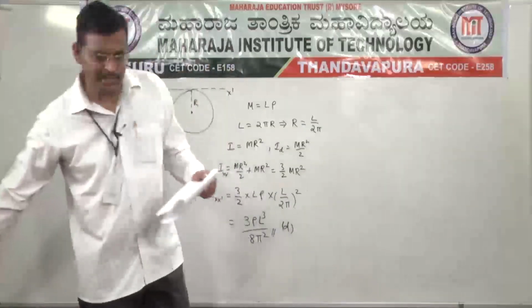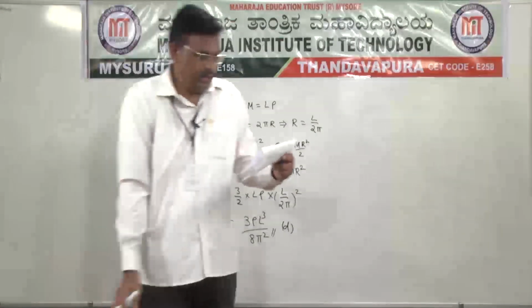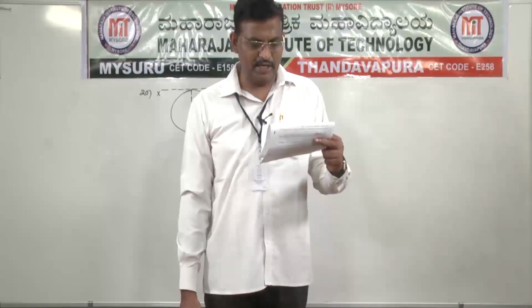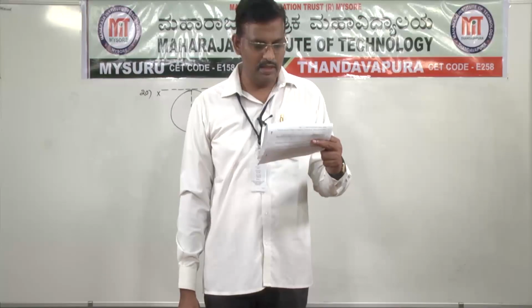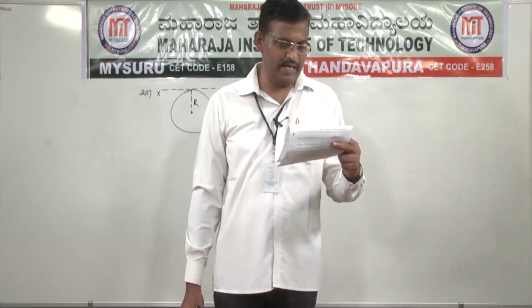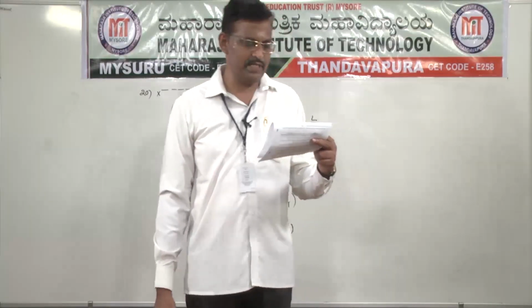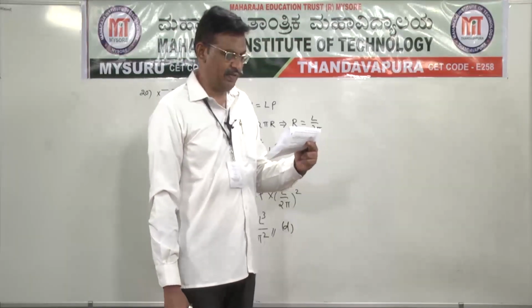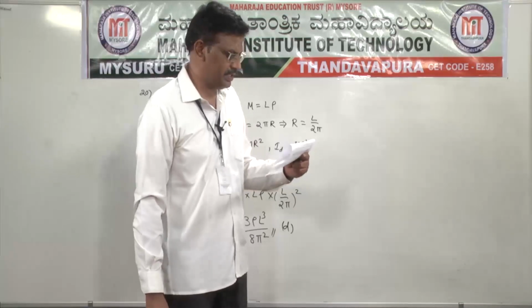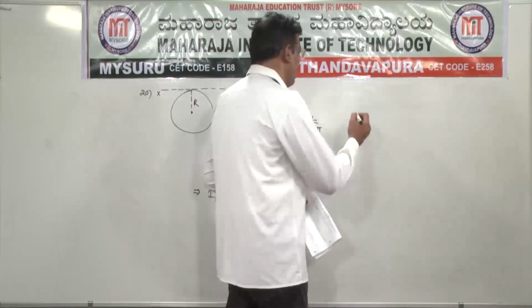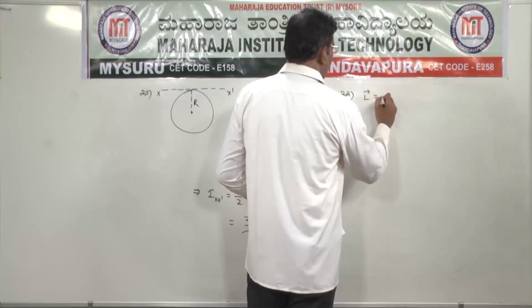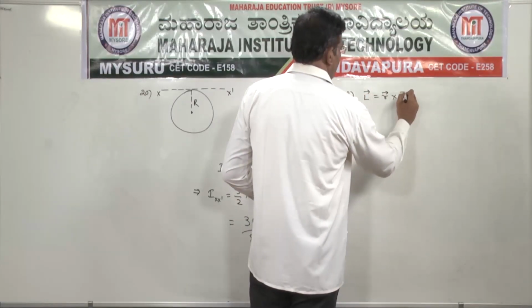And next, question number 22. The z component of the angular momentum of a particle whose position vector is r bar with components x, y and z, and linear momentum is p bar with components px, py and pz. So L bar is equal to r bar cross p bar.